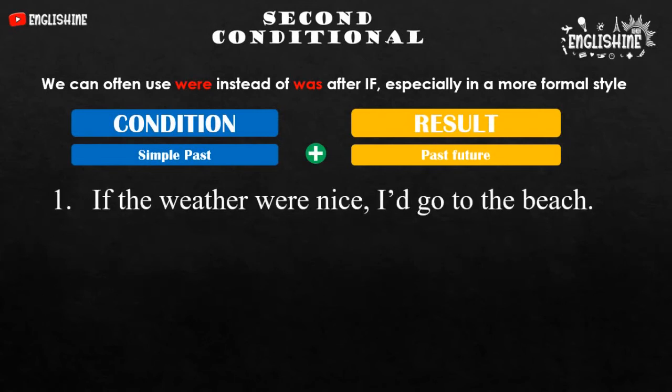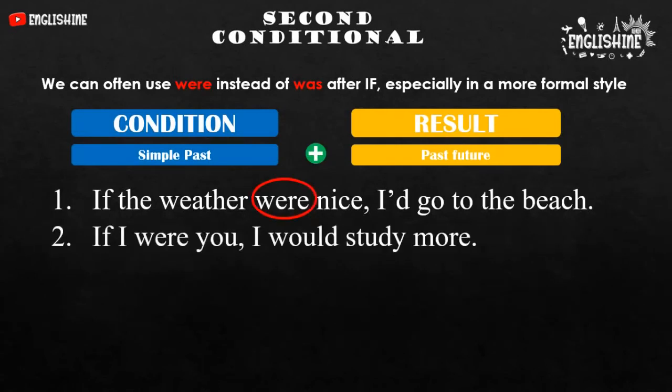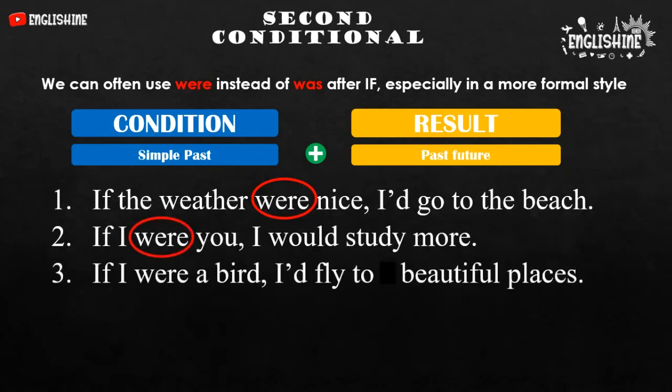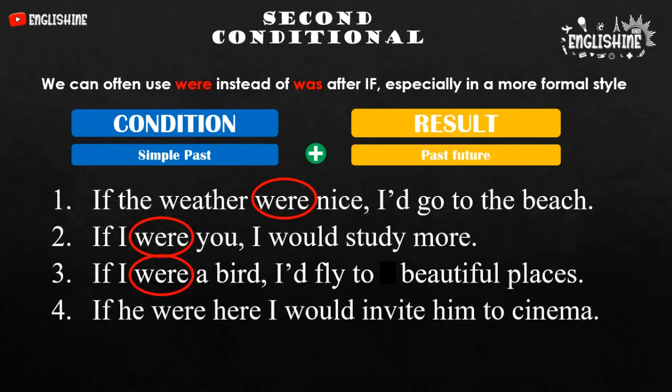If the weather were nice, I'd go to the beach. If I were you, I would study more. If I were a bird, I'd fly to beautiful places. If he were here, I would invite him to the cinema.